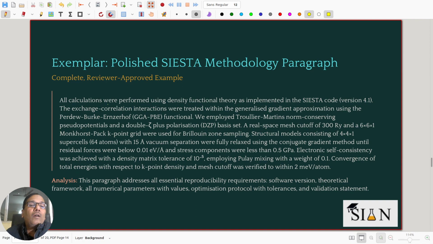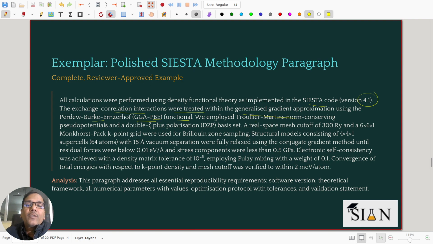So all calculations were performed using density functional theory as implemented in the SIESTA code, version 4.1. The exchange-correlation interactions were treated within the generalized gradient approximation, that is GGA, using the Perdew-Burke-Ernzerhof, that is PBE, GGA-PBE functional.